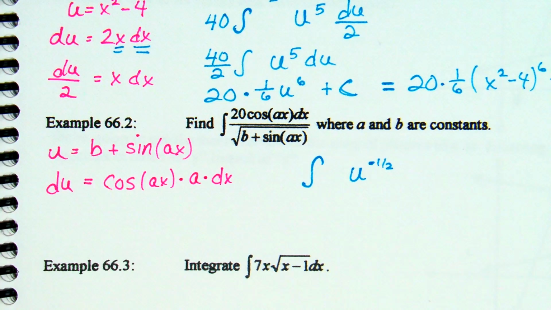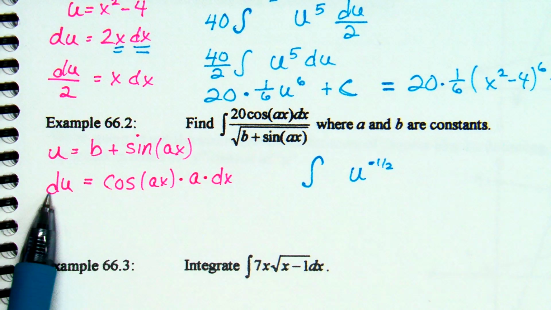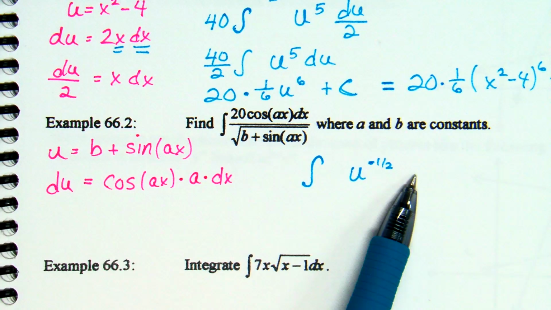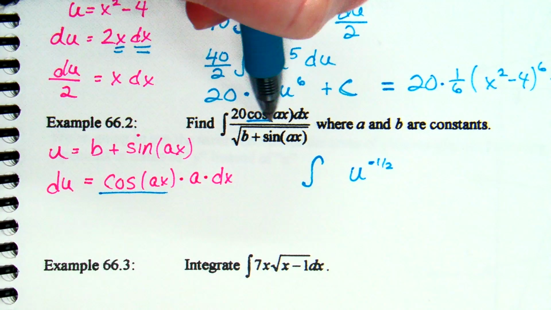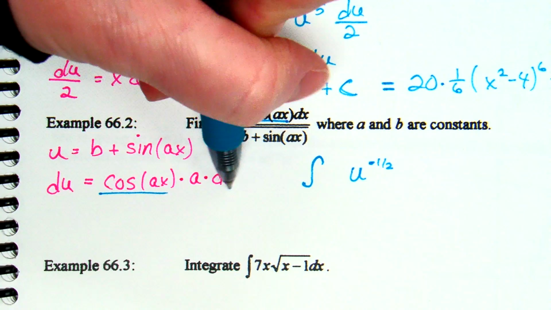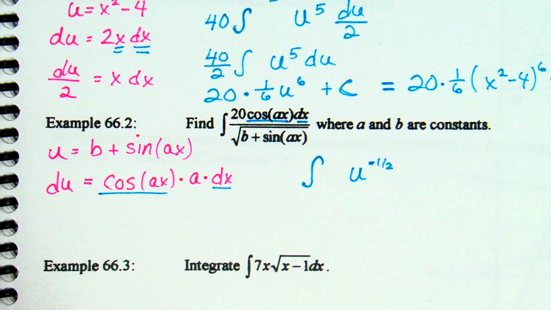What about the pieces in my numerator? Are they all accounted if I just put in a du here? Does it all match up? So what matches up? Cosine of ax matches up with cosine of ax. Dx matches up with dx.